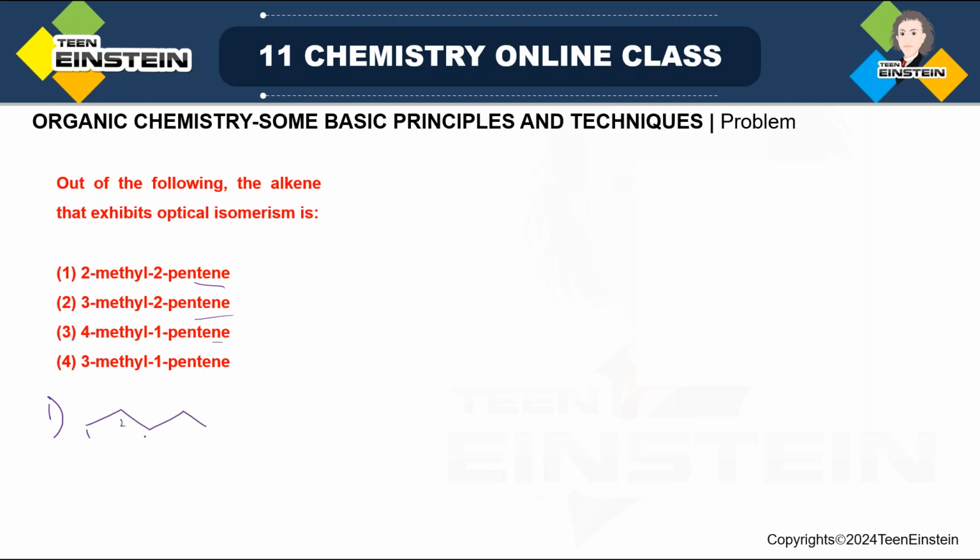At the 2 position there is a double bond, and at the 2 position there is also a methyl. Next, 3-methyl-2-pentene. So again 2-pentene, but now at the 3 position we have a methyl. Number 3, 4-methyl-1-pentene. So this is 1-pentene.